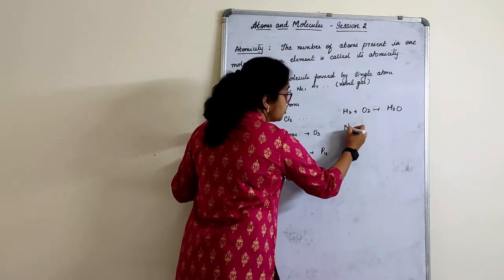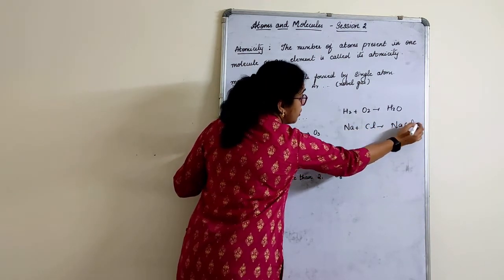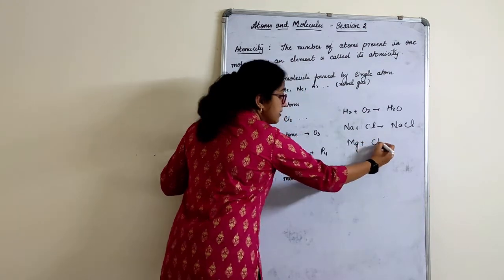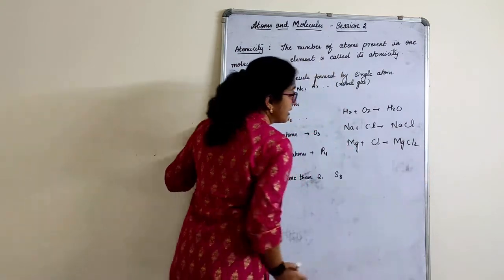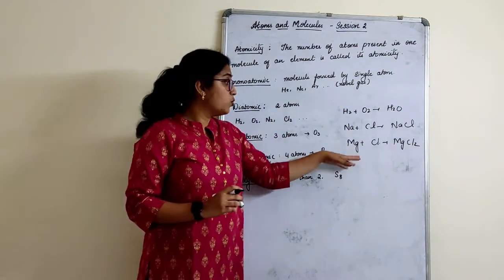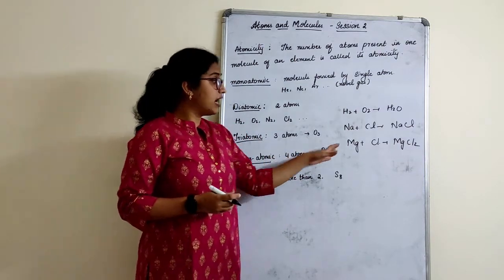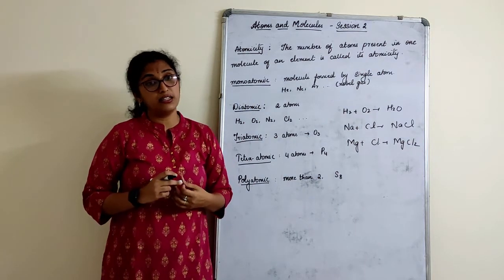Sodium combines with chlorine, giving sodium chloride. Magnesium combines with chlorine, giving magnesium chloride, MgCl2. But why not NaCl2? Why did I write MgCl2 here? How to frame a chemical compound, we'll be learning in tomorrow's session.